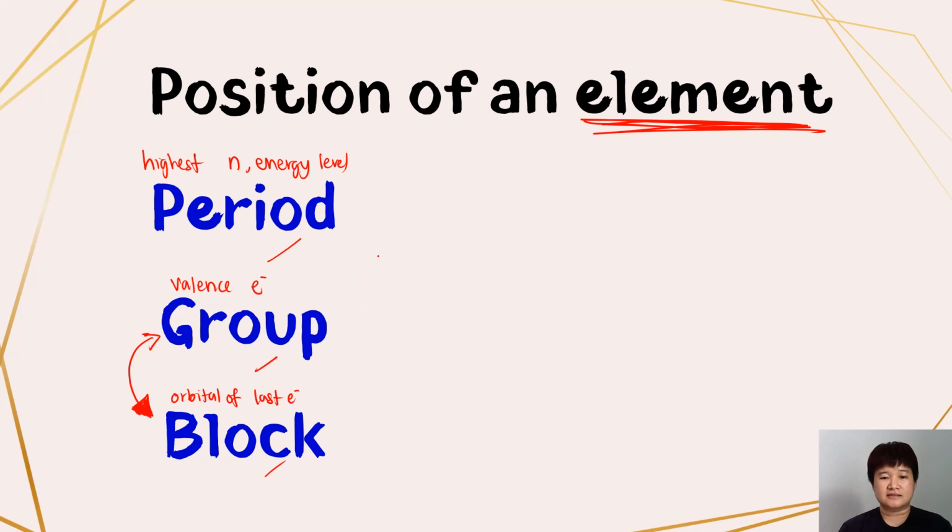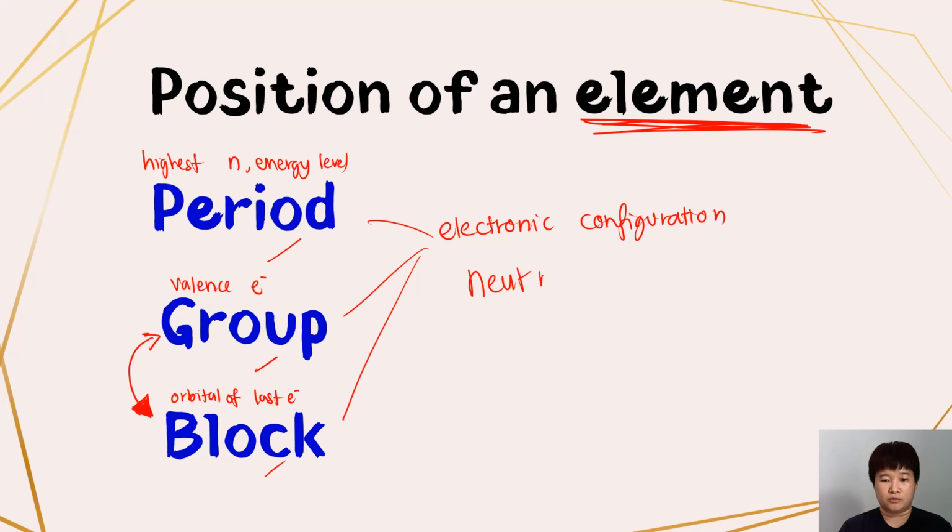And if you realize, every time when I write the electronic configuration to find out the period, group, and block, my electronic configuration must be the neutral atom electronic configuration. You cannot use the electronic configuration of the cation or anion to find the period, group, or block.